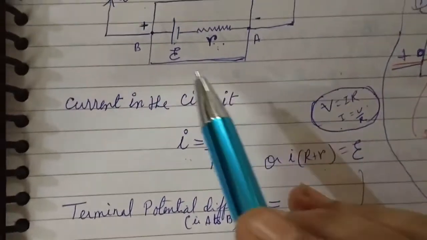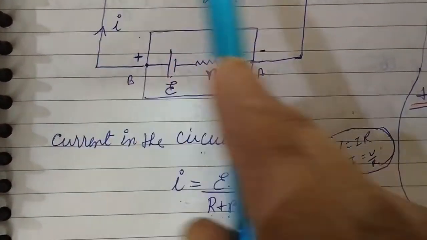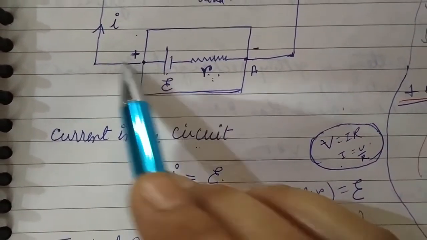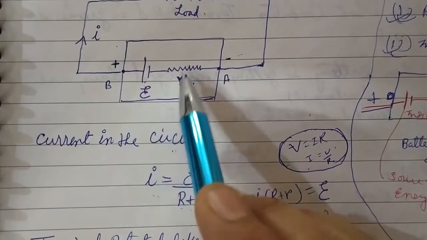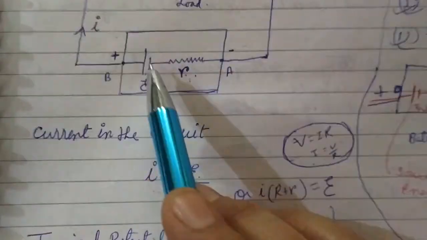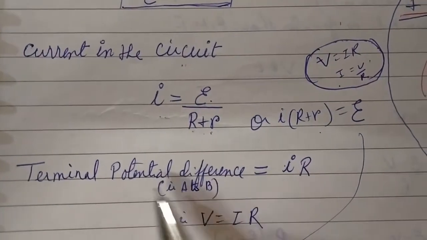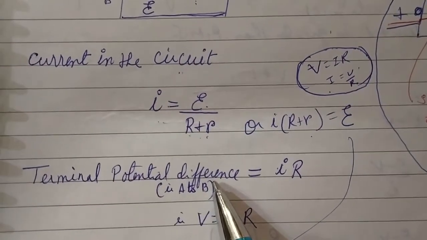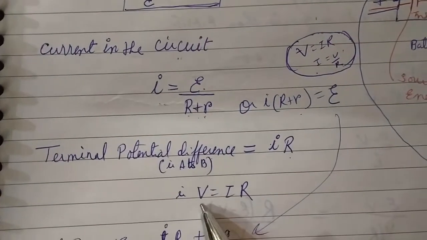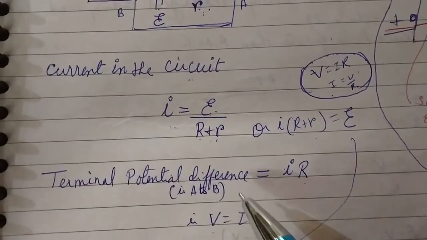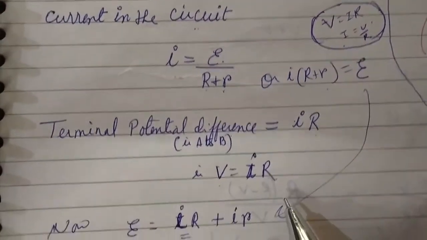Now what is the potential difference? Potential difference means from point A to point B, work done, and we will not include the internal resistance. So terminal potential difference is denoted by V is equal to IR.